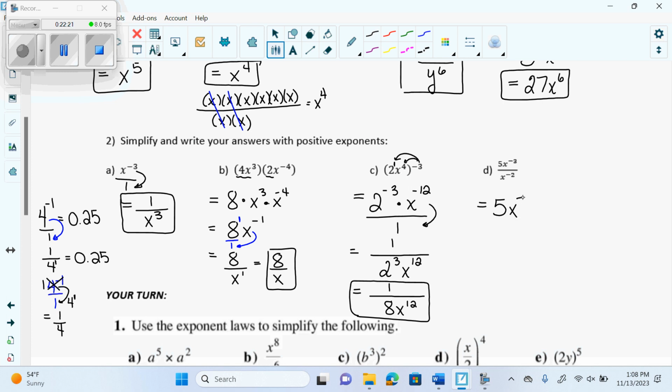So we have negative 3 minus negative 2. What happens when I minus a minus? It's a plus. A negative 3 plus 2. So we get 5x to the what? Negative 1. Do I have to move the 5 to the denominator? Is the 5 negative? No, just the x. So I'm going to be left with 5 over x to the what?